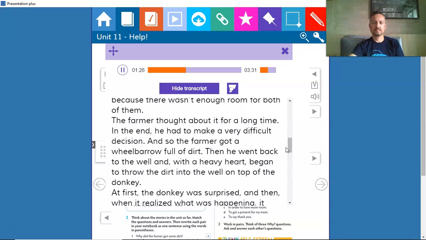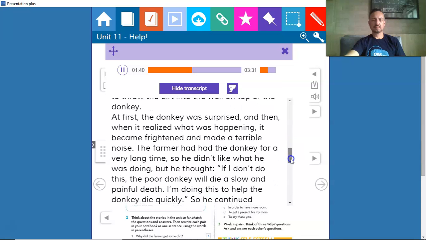And so the farmer got a wheelbarrow full of dirt. Then he went back to the well, and, with a heavy heart, began to throw the dirt into the well on top of the donkey. At first, the donkey was surprised, and then, when it realized what was happening, it became frightened and made a terrible noise.